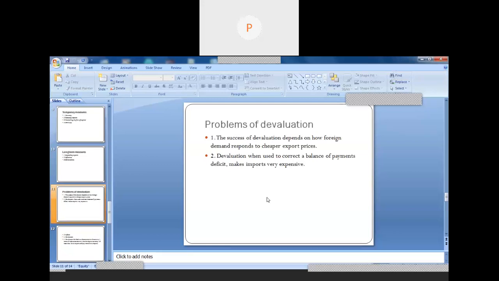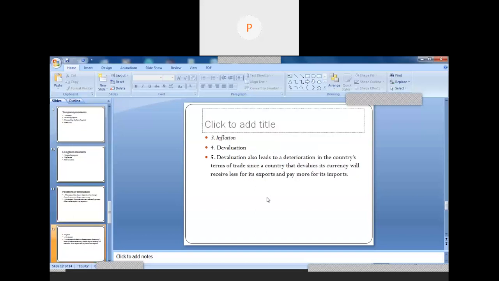Now see, there are different problems related to devaluation. Like I have written, the success of devaluation depends upon how the foreign demand responds to the cheaper export price. Devaluation, when used to correct the balance of payment deficit, makes imports very expensive. So there are some problems with devaluation. Inflation: by making the imports very expensive, devaluation leads to a rise in the cost of machines and raw materials used.